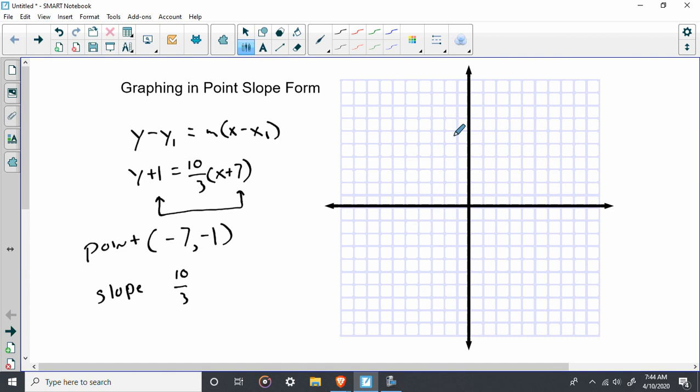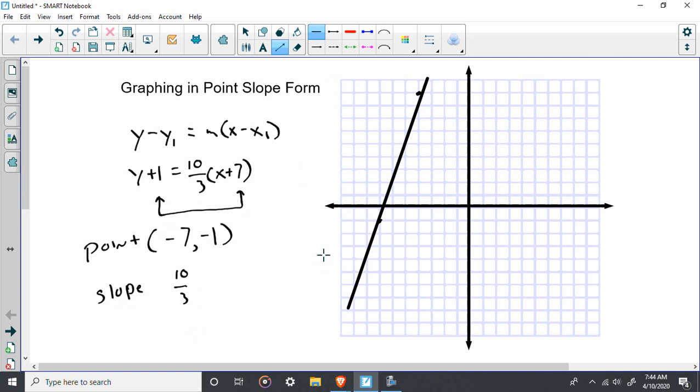So we're going to start from 1, 2, 3, 4, 5, 6, 7, -1. And our slope is 10/3, so up 1, 2, 3, 4, 5, 6, 7, 8, 9, 10 over 1, 2, 3. And that's you right there. If I connect the dots, that's going to be your line graph right there.